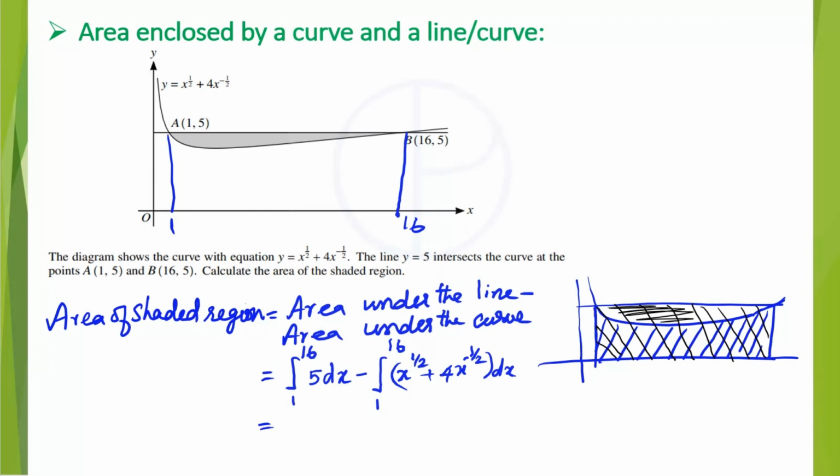When you integrate the constant, it gives 5 multiplied by x. The limit is 1 to 16, minus x power 3 over 2 divided by 3 over 2, plus 4x power 1 over 2 divided by 1 over 2.